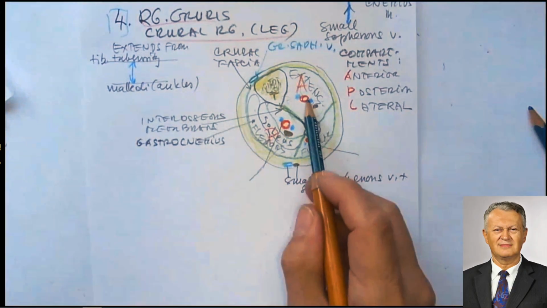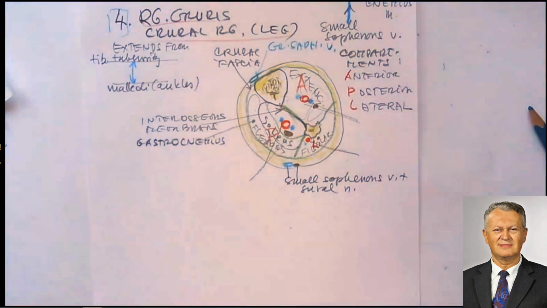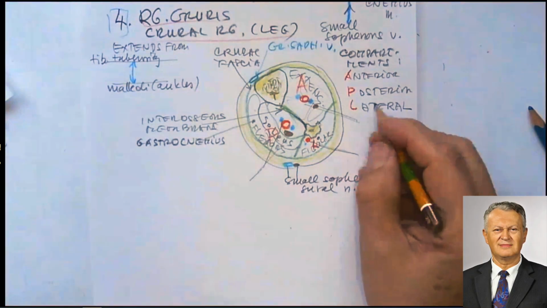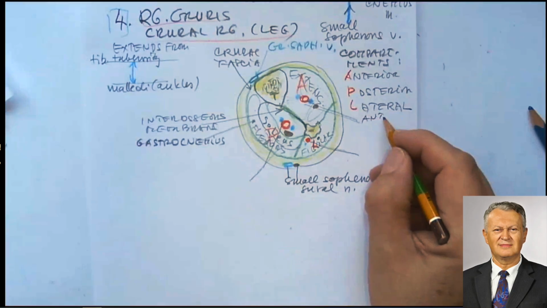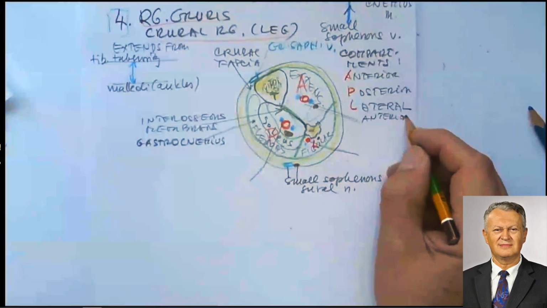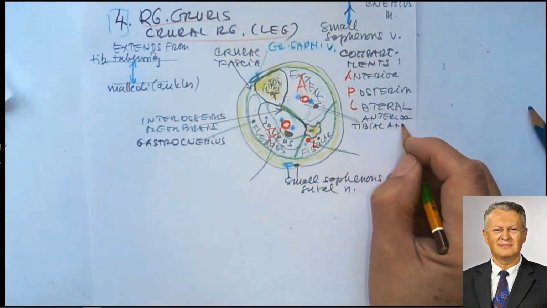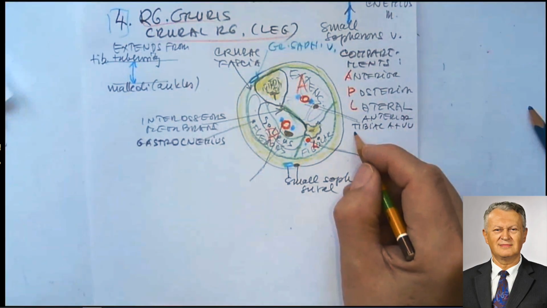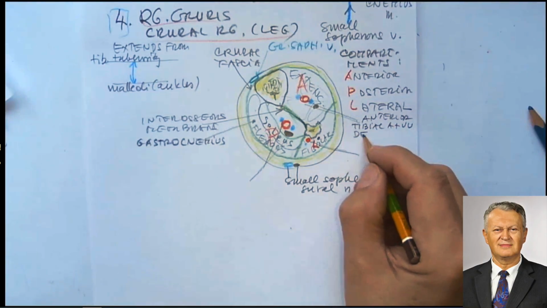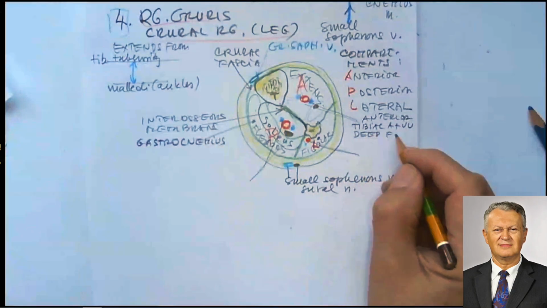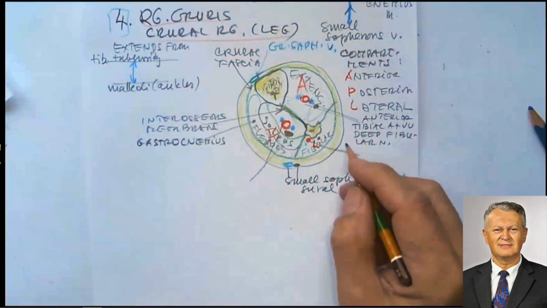So I'm just putting the lines. The first one here we call the anterior tibial artery plus veins plus deep fibular nerve.